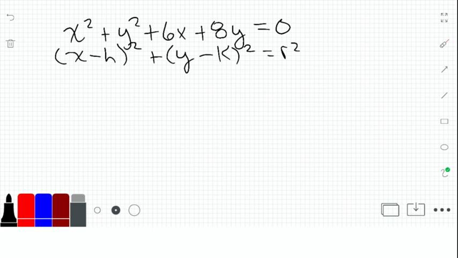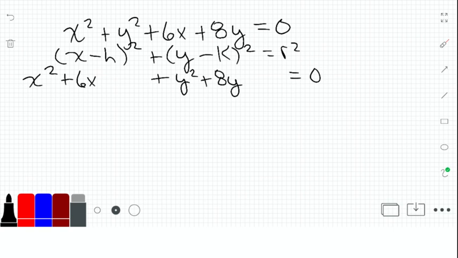Procedurally, the first thing that you do is you bring your x terms together. Now we're going to leave a little space there. Put your y's together and leave a space, and then 0 over on the right side. Now remember what we did a minute ago with the x squared plus 6x.